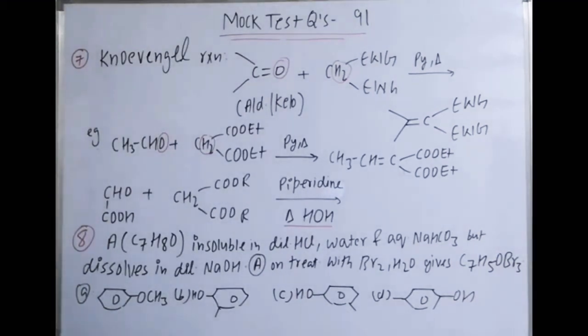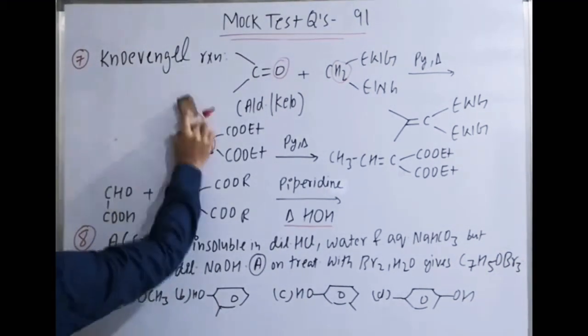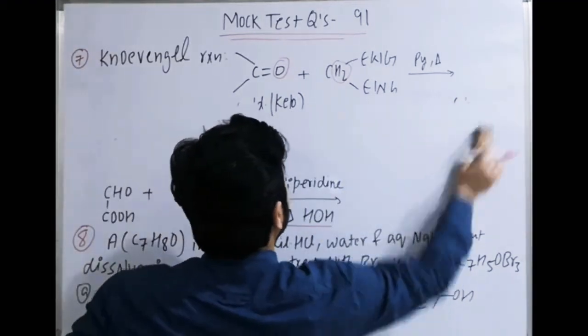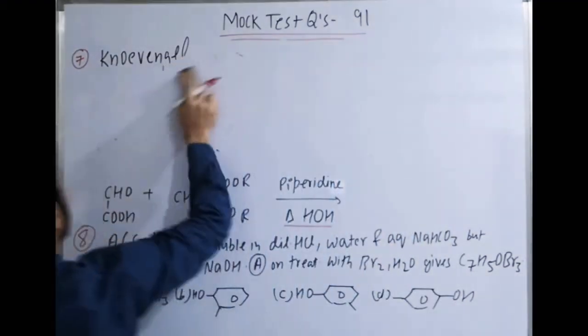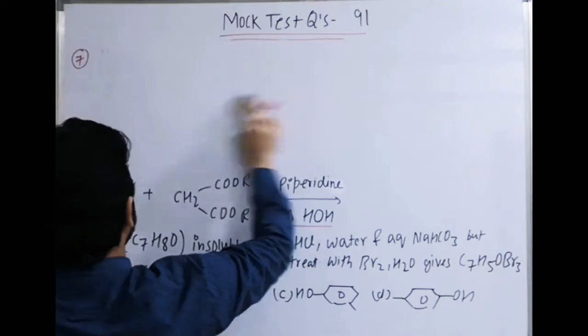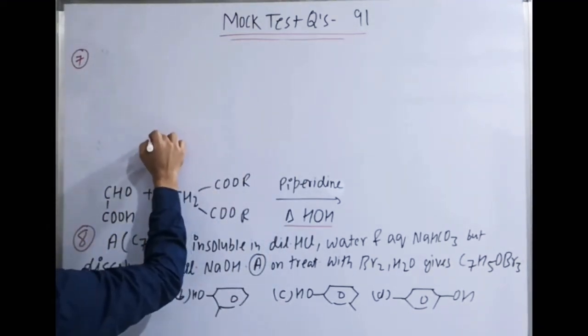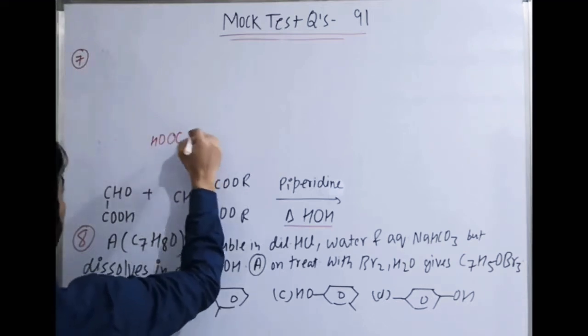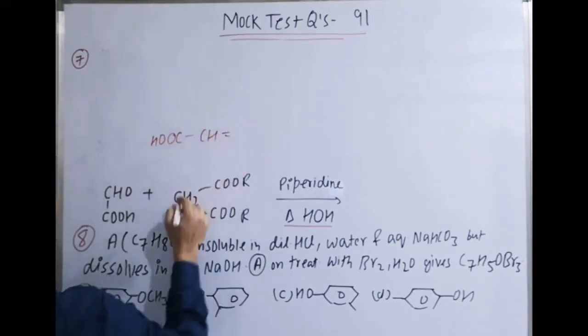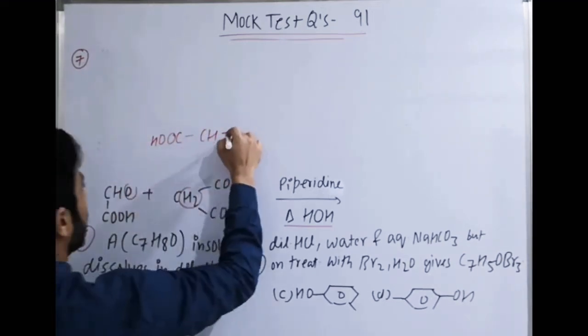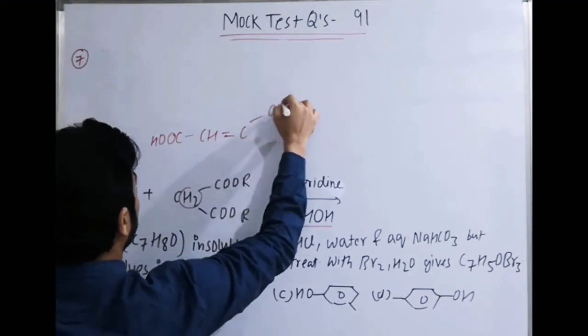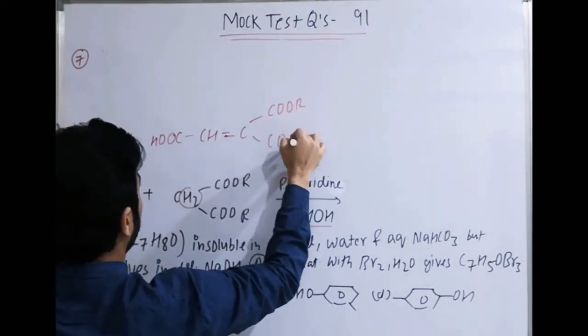So firstly we do the normal Knoevenagel reaction where we remove H2O, right? And this will be formation of CH=C(COOR)2.